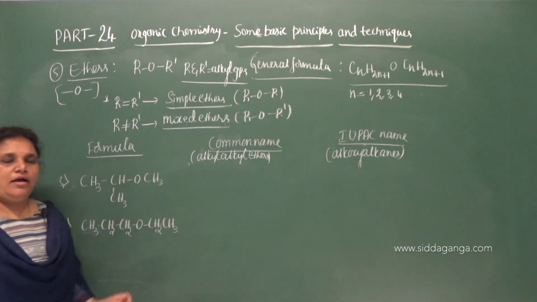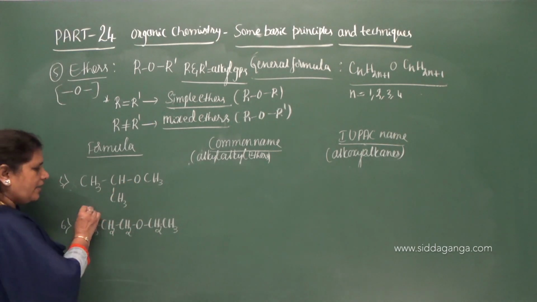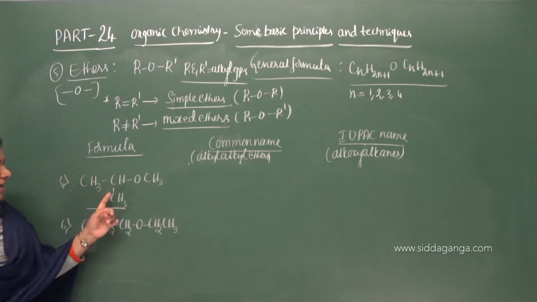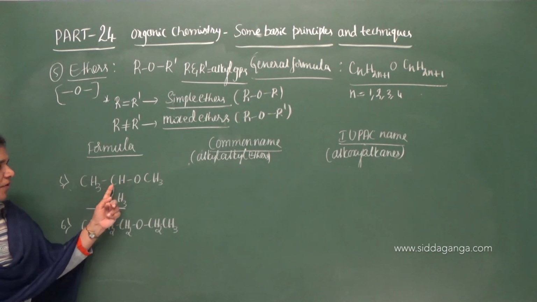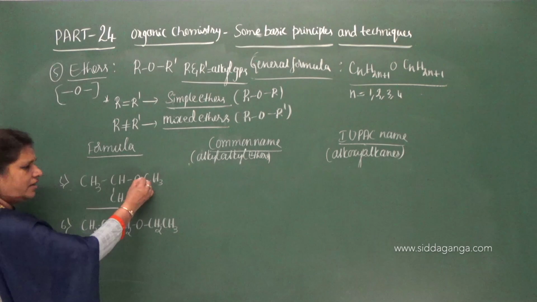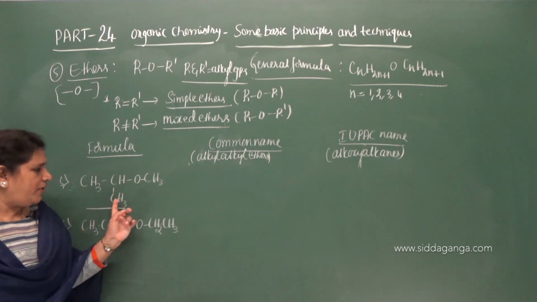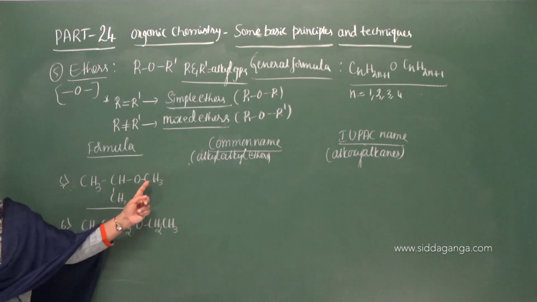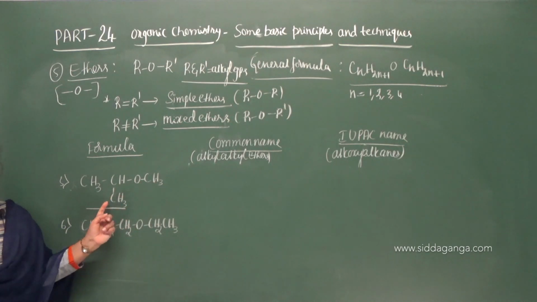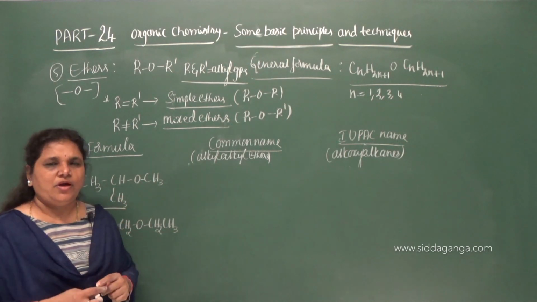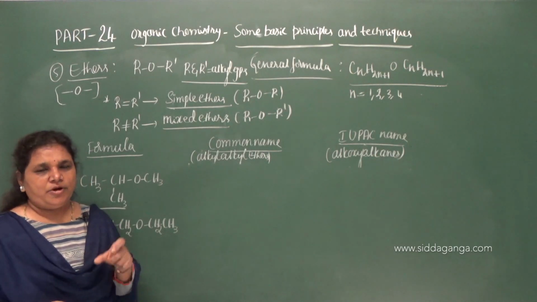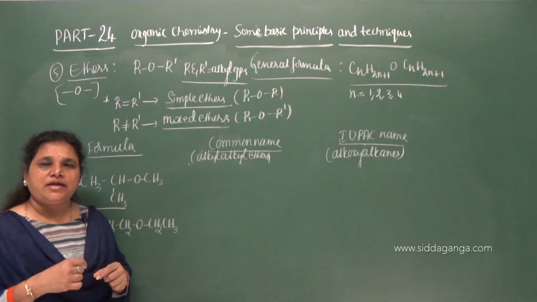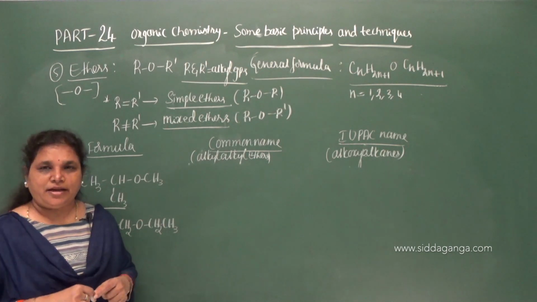So let me give the names of these compounds. What is this alkyl group? An alkyl group containing 3 carbon atoms, but the chain is branched here because we have a vacant bond at the secondary carbon here. Therefore, the name of this alkyl group will be isopropyl. Correct? This is isopropyl and this is methyl. So arrange these two in alphabetical order. As I said, in the name of an alkyl group, if we have any prefix like iso and neo, we need to consider it as a part of the fundamental name of the alkyl group.